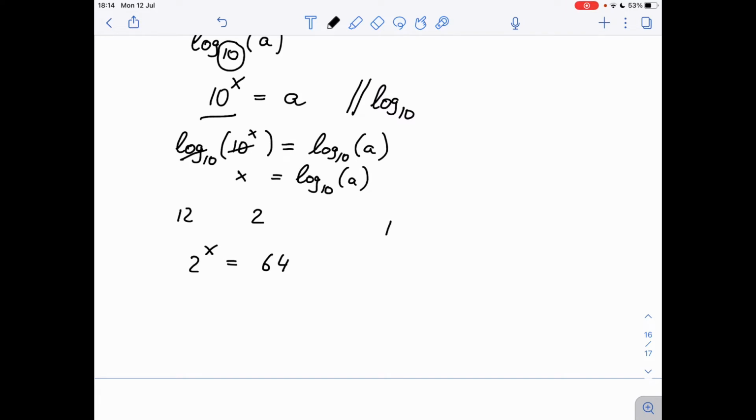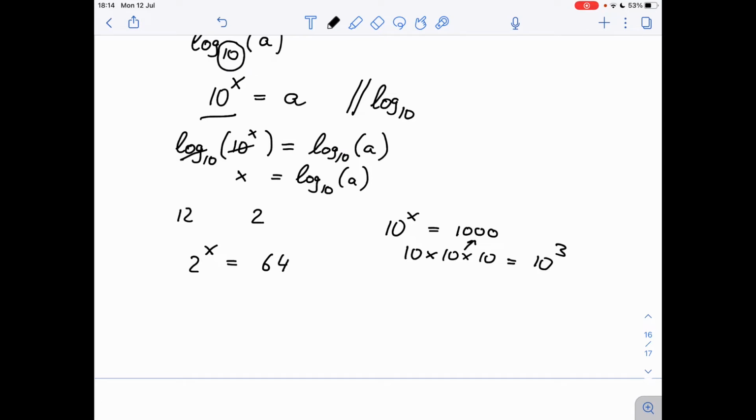If I write that here, 10 to the power of x equals 1000. So we basically said, how often do we have to write times 10 to get 1000? We said 10 times 10 times 10. So this would be 3 times, and that would give us 1000. So that would be 10 to the power of 3.